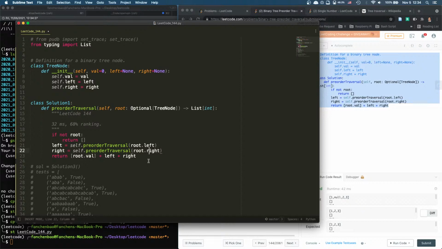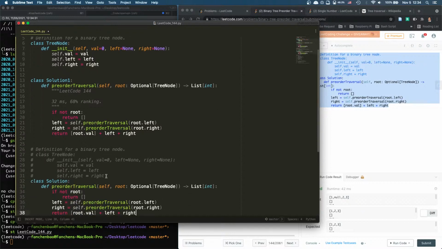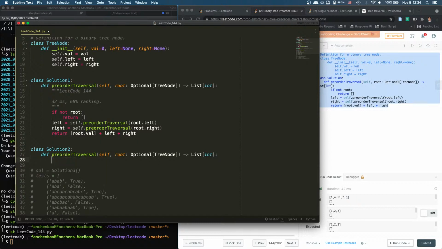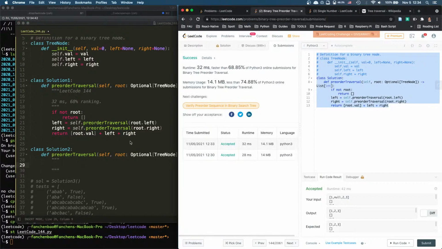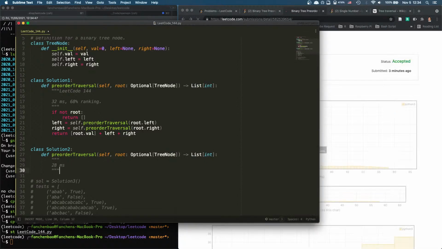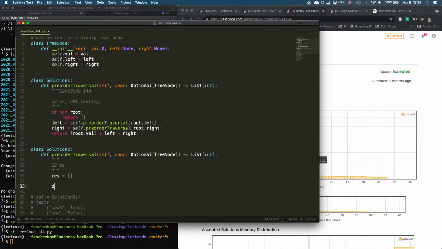And we have another solution. I can actually just write it. Right, this is another solution. This one is 28. DFS node, optional tree node, and then nothing.